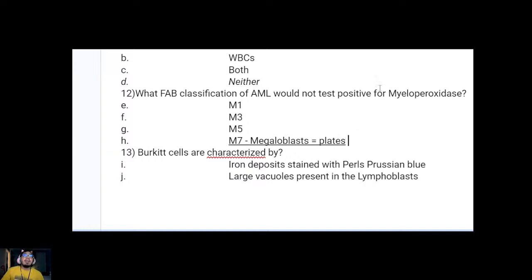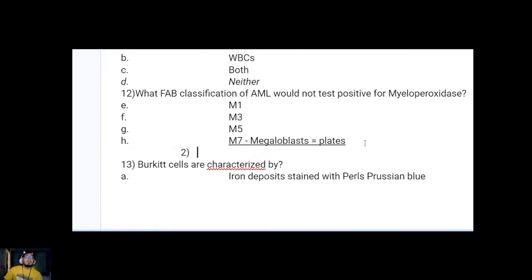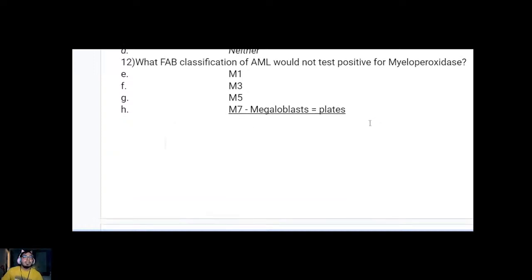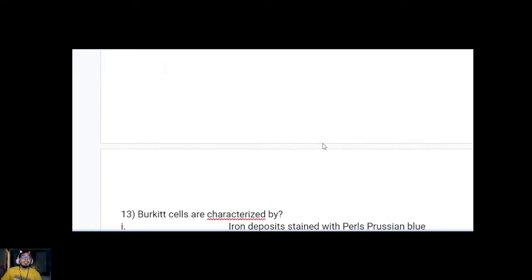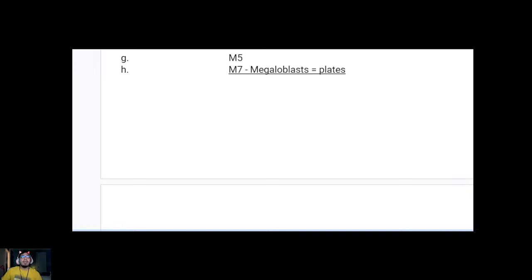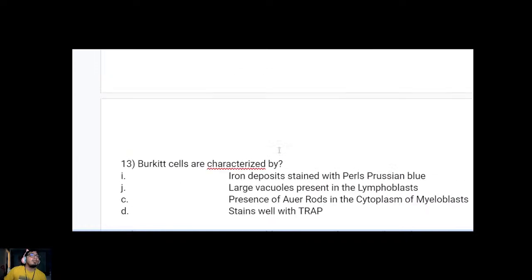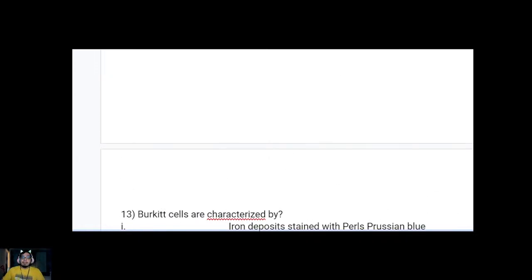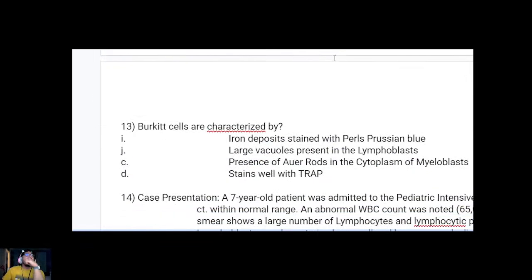So they won't have the myeloperoxidase molecule or enzyme, because class, they won't react with the myeloperoxidase enzymes because these cells don't have granules. Okay, next.